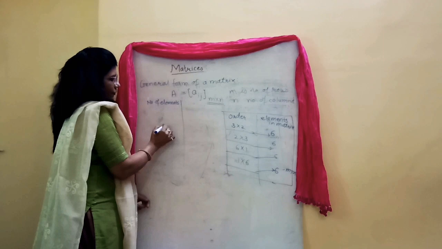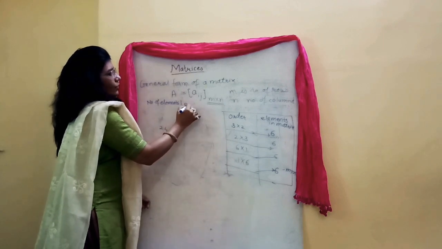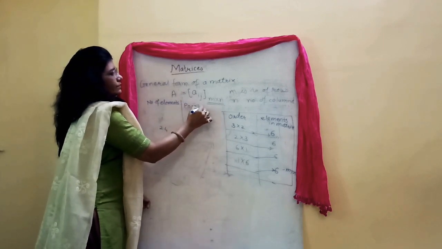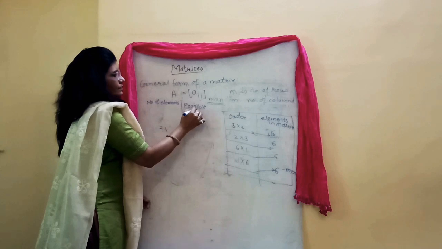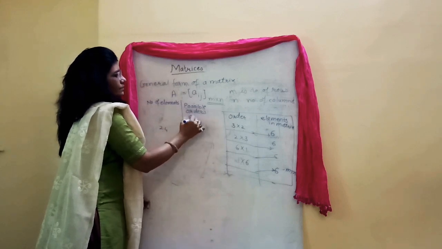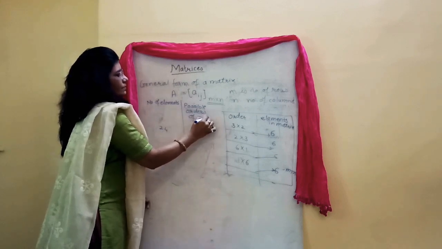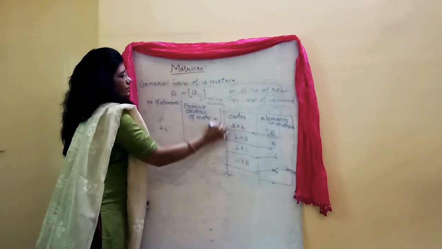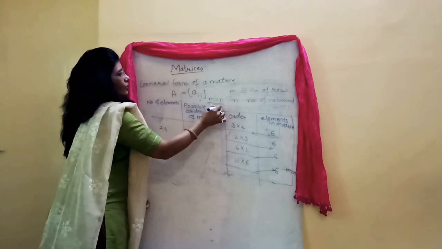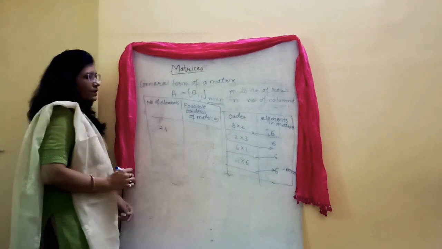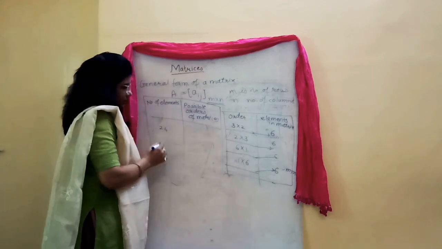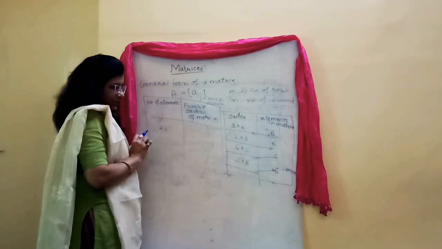Number of elements are 24. So all possible orders of matrices, how many can you form? 24 is there.